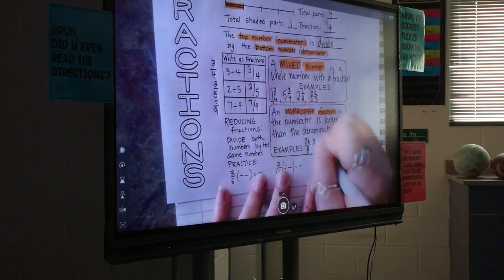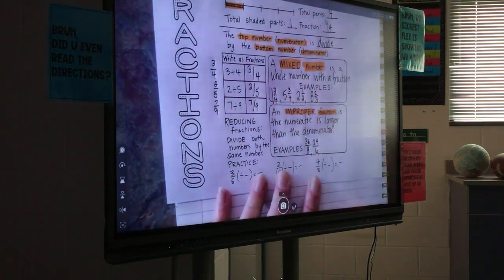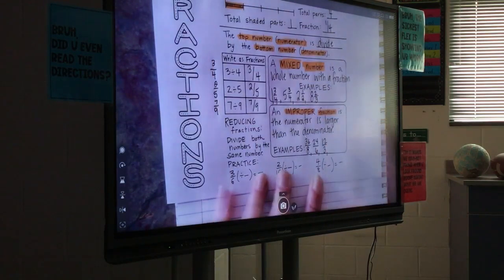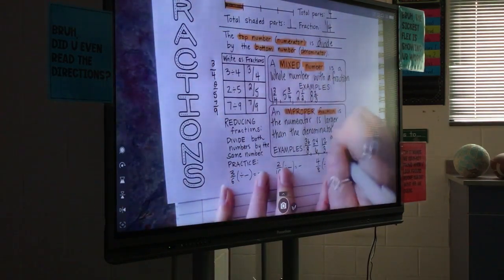What'd you say, Silas? I know you want to choose, but I need new friends. Mercedes, give me one. Twelve thirds, perfect. 12/3. All right, Silas. 9/5. All right.